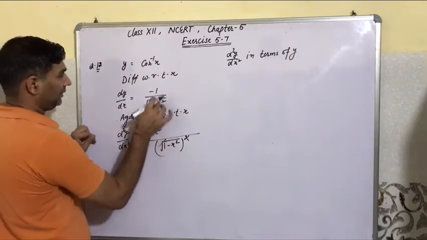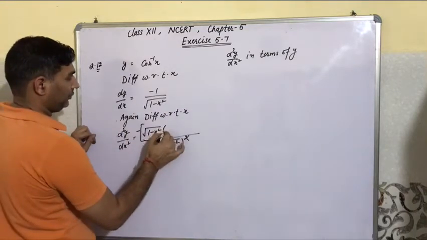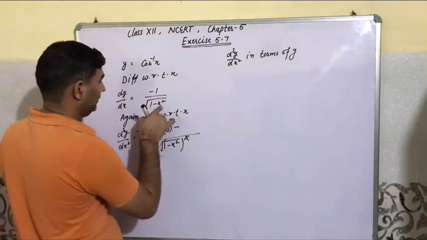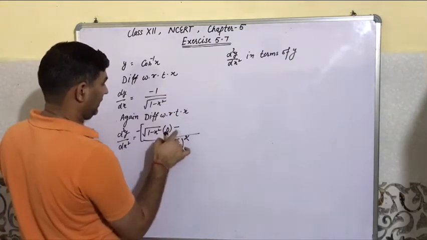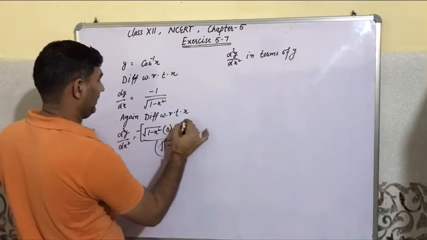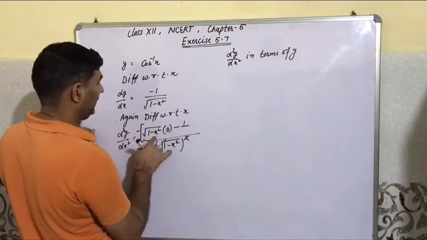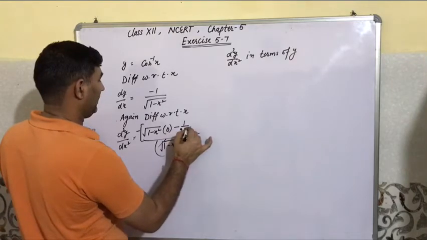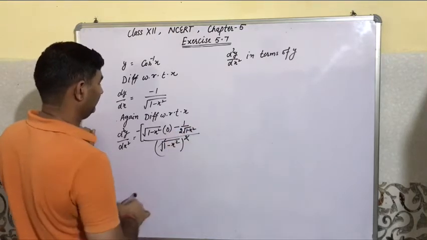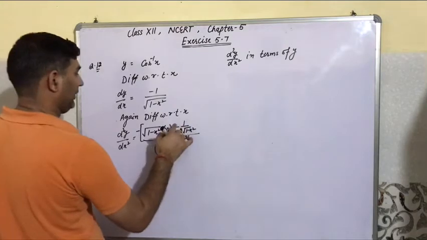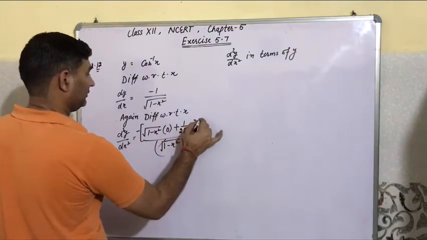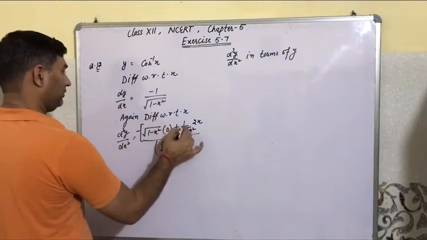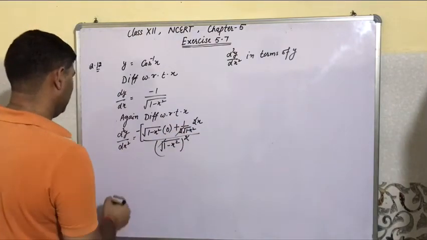v as it is, derivative of u, this value is 0, minus this derivative of this 1 by this derivative is this 1 by 2 root 1 minus x square, minus 2x, this value is 2x, this complete value is 0, 2 से 2 cancel out हुआ.